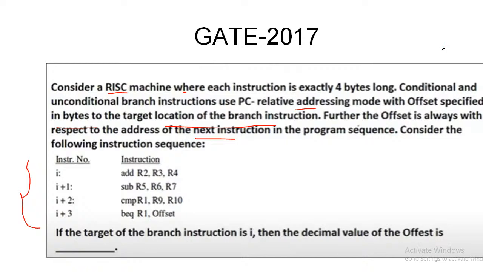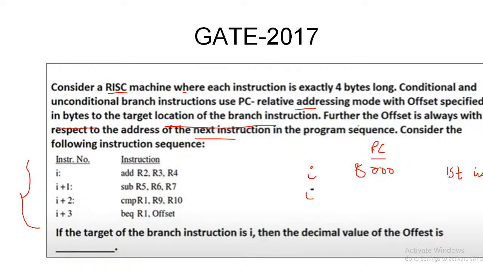So one hint I can give you: suppose you have these 4 instructions. 8000 is the first address that is going to be stored in the program counter for instruction I. This is the first instruction.